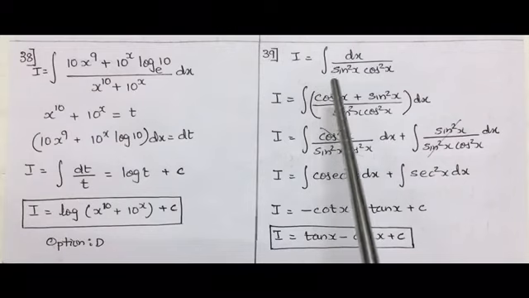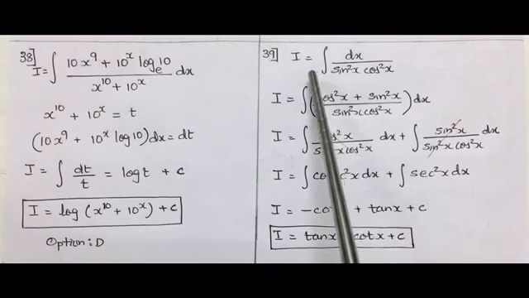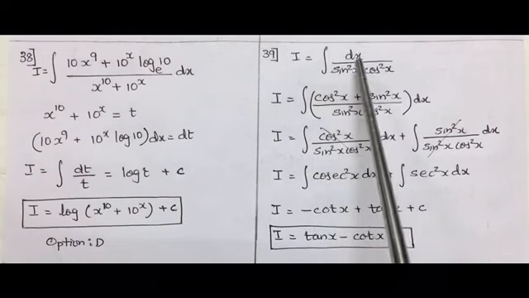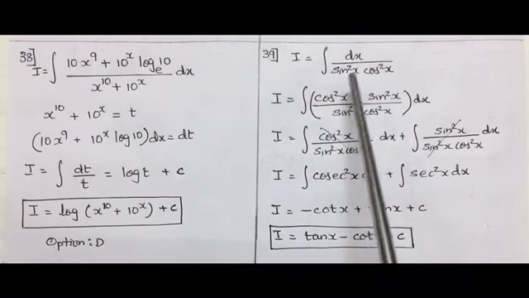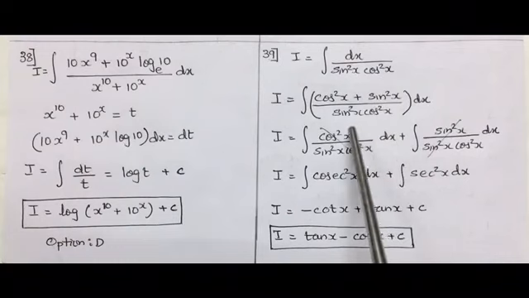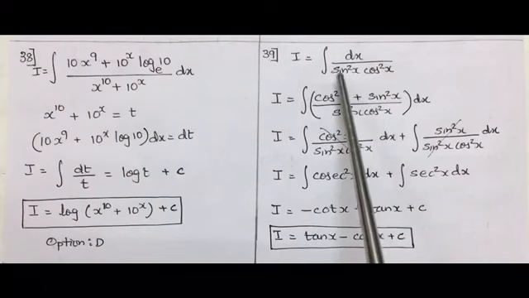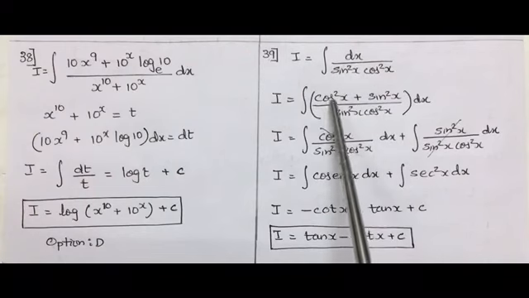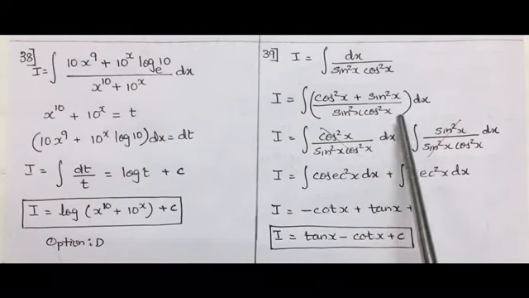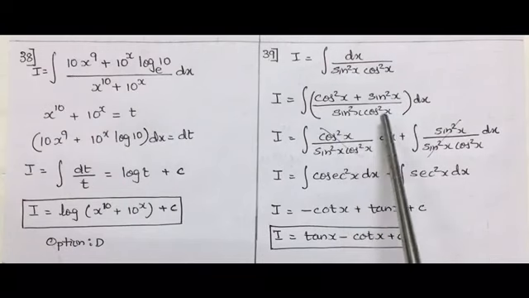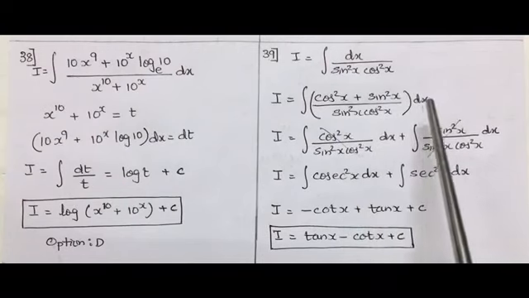39th example is I is equal to integration dx upon sin square x cos square x. Now as the numerator we consider it to be 1, it is replaced by the identity cos square x plus sin square x upon sin square x cos square x dx.